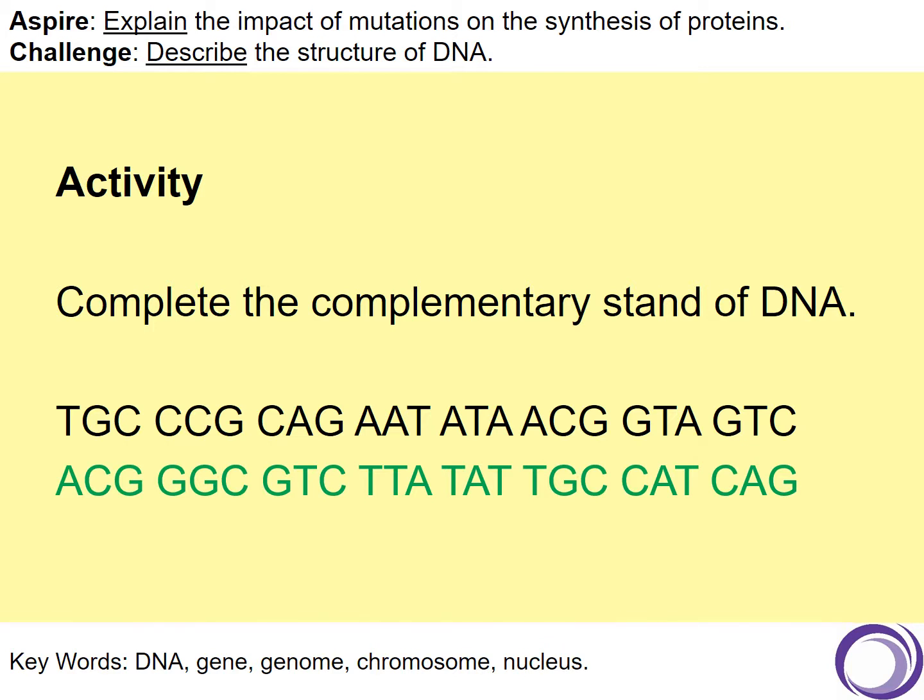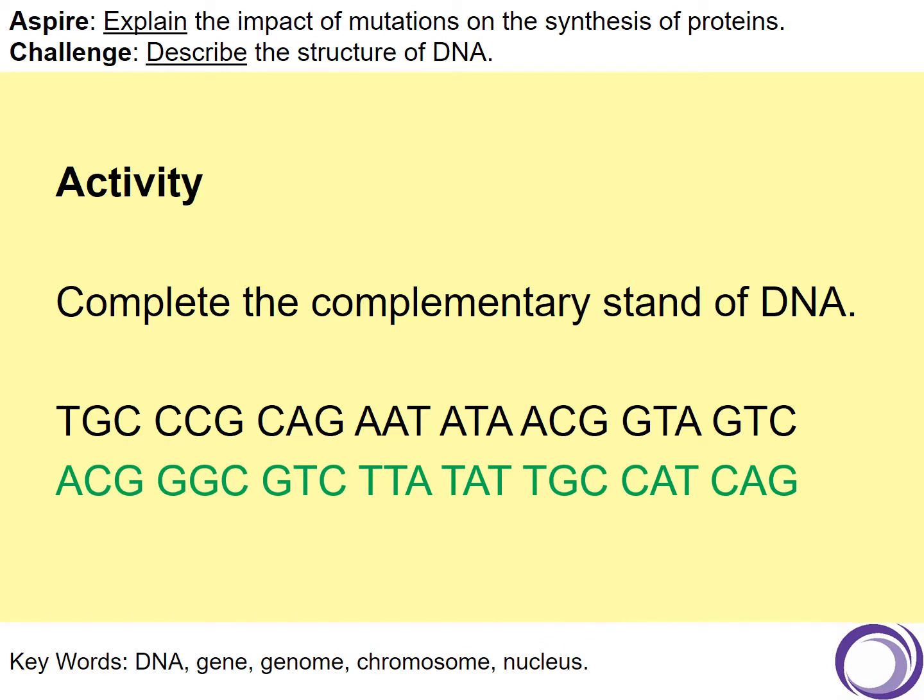The third amino acid, CAG, so you should have come up with GTC. The fourth amino acid, AAT, so you should have come up with TTA. The fifth amino acid, ATA, so you should have come up with TAT.